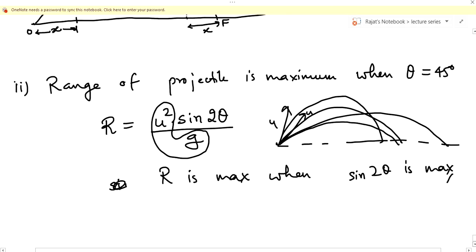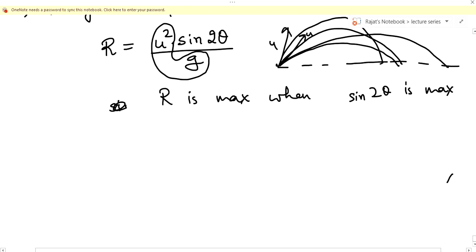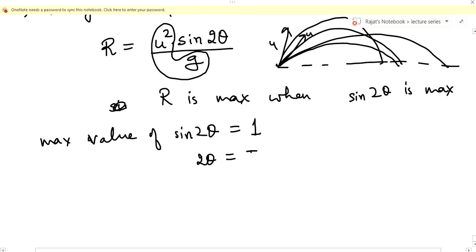From the equation that we have, the maximum value of sine 2 theta is 1, because sine varies from -1 to 1, so the maximum value is 1. This will be when 2 theta is equal to pi by 2, 90 degrees, or theta is equal to pi by 4, which is nothing but 45 degrees.